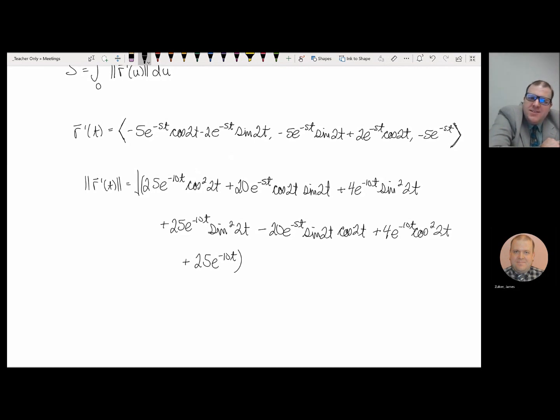So since I did it on multiple lines, here's how I'm going to write it. And so it's understood that's the square of that entire thing. Oh boy, that looks hideous.